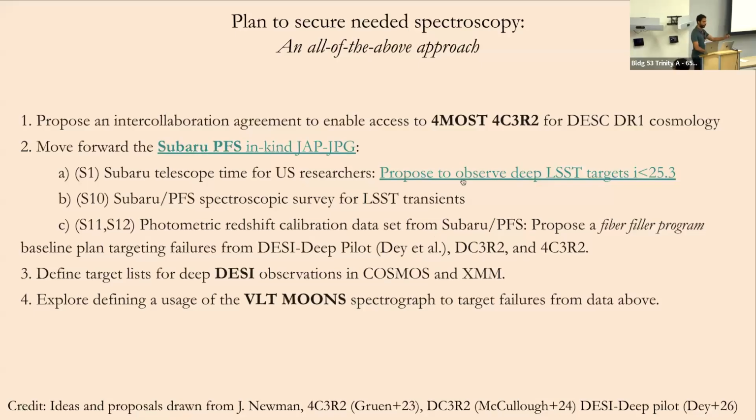There are precursor proposals that have been led by Jeff Newman, Debopam Day, Jamie McCullough et al., and we're basically trying to refine and resubmit them. As well as defining potential target lists for deep DESI observations in the equatorial deep drilling fields of COSMOS and XMM. And finally, targeting failures from the above with VLT MOONS.